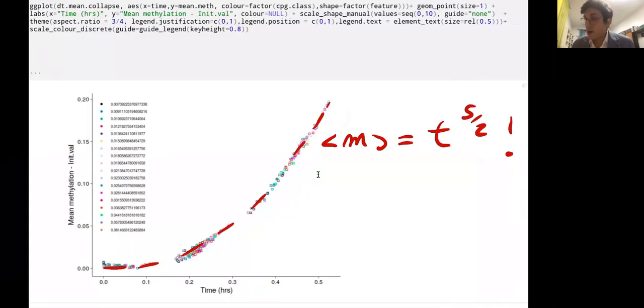So with this 5/2 we were able to collapse all these curves into a single curve. And again, we found that the average methylation increases as time to the power of 5/2, which is already something quite striking, because 5/2 is not a very common exponent, I would say, for an increase over time of any quantity.